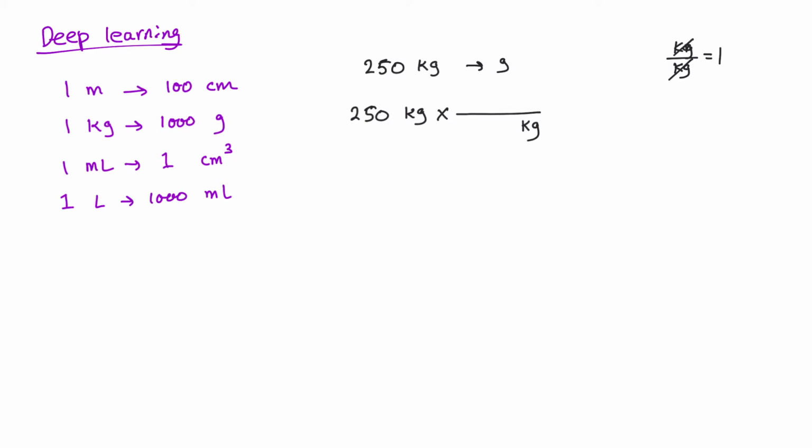But we're not just trying to cancel them, we're trying to convert it into grams. So because I want the kilogram to change into gram, I'm going to write that in the numerator. Now, based on what I need to deeply understand, 1 kilogram is equal to 1,000 grams. Now, the kilograms cancel out to 1, and I'm left with grams. I'm left with exactly what I need.